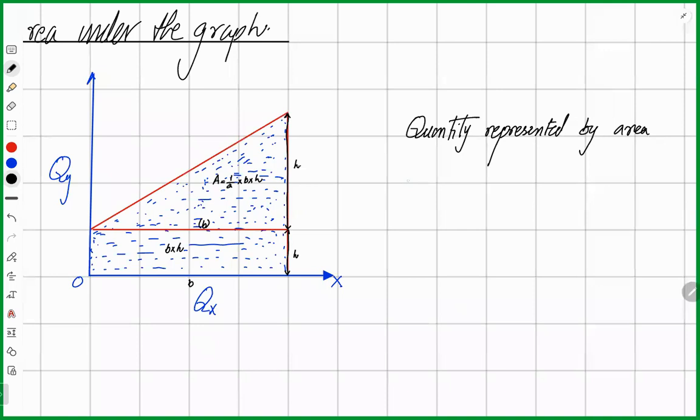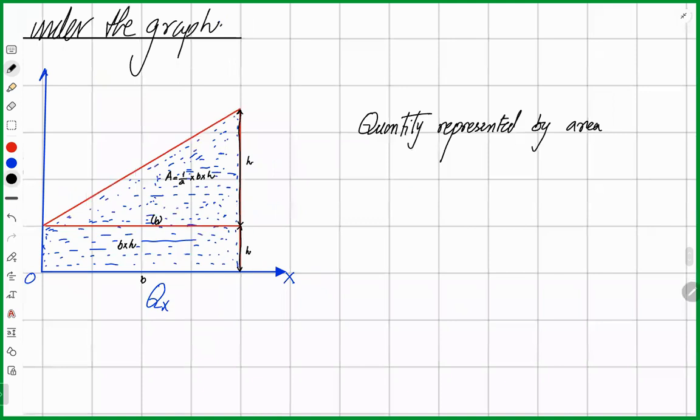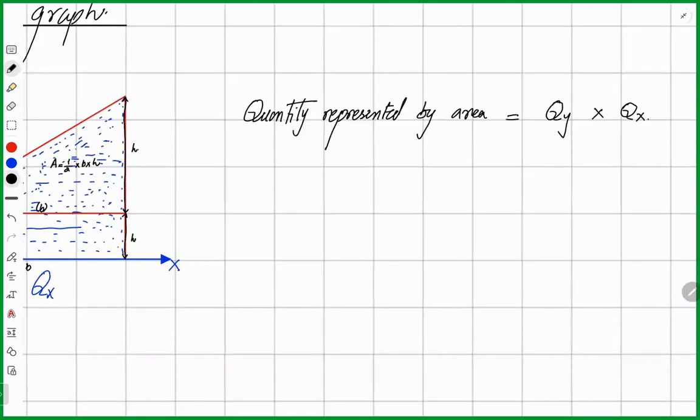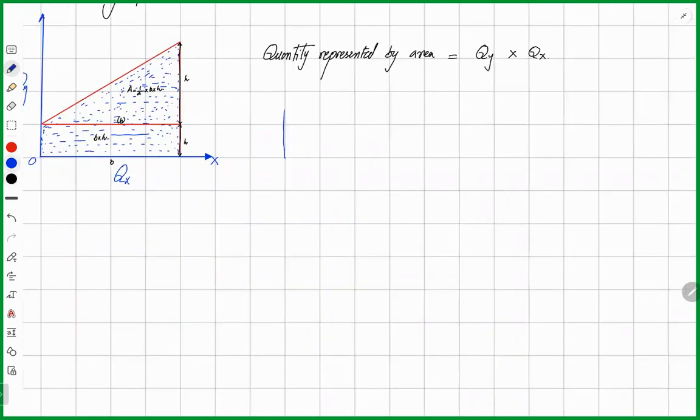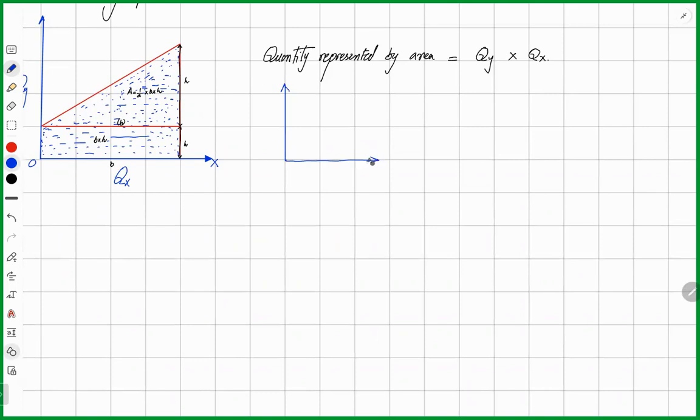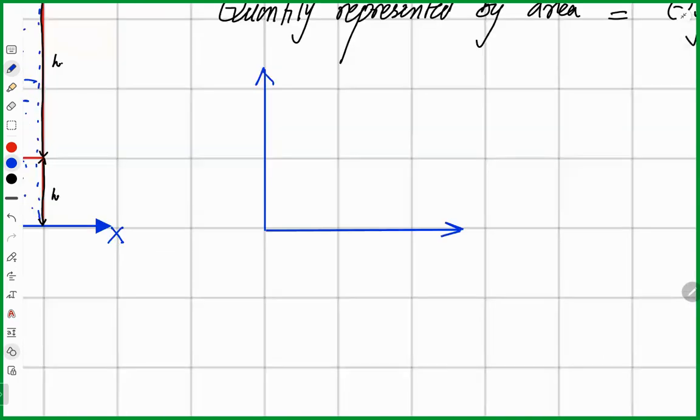Let's say if we have a distance and time graph, no, this is the speed and time graph.